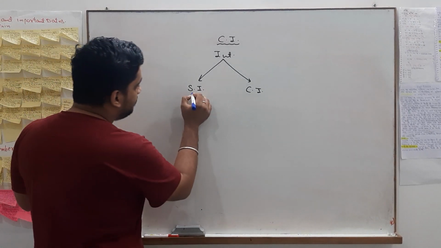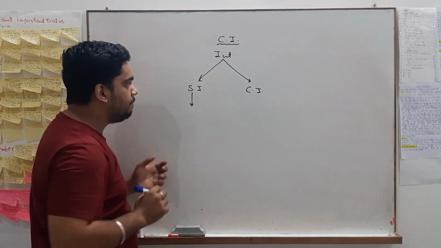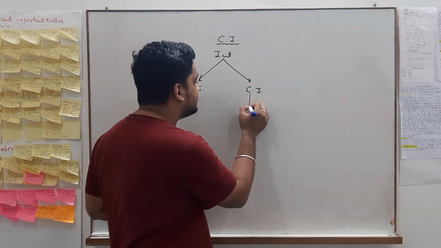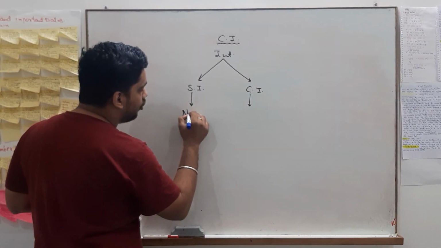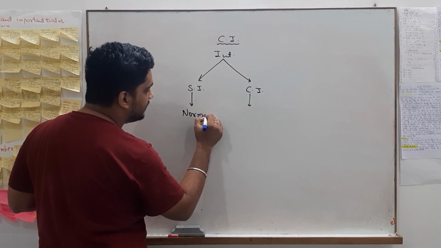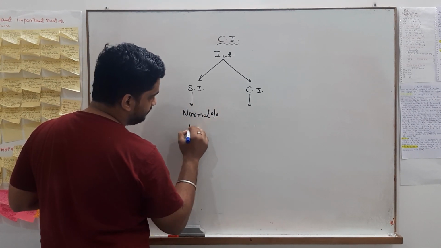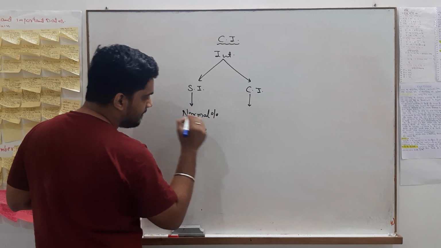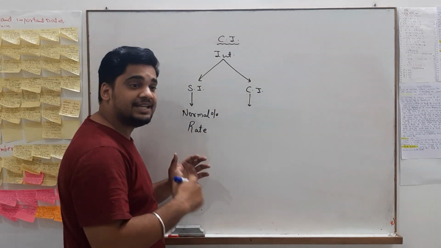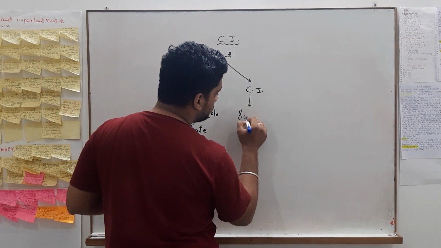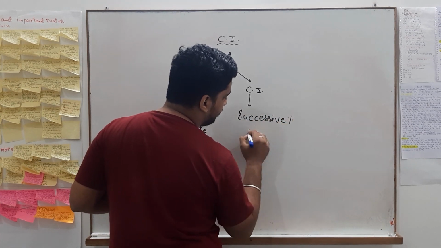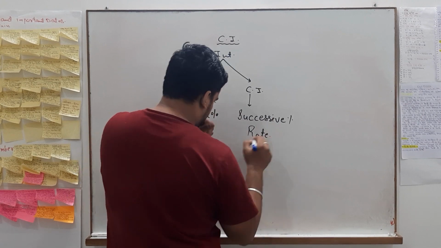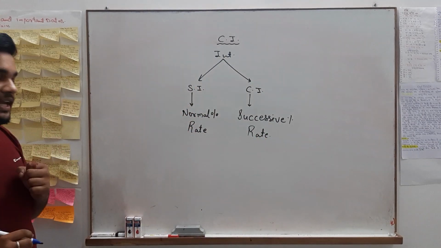Now the working policy of both of these interests is different. Simple interest is always calculated on normal percentage rate, whereas compound interest is calculated on successive percentage rate.